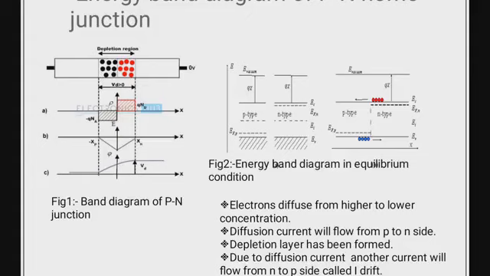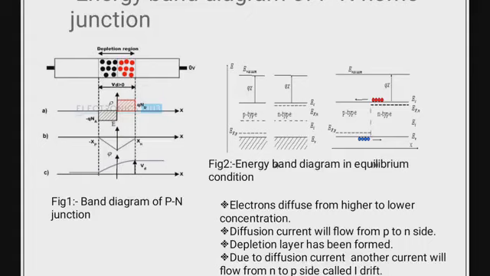And due to this phenomenon, what will happen? A current will form from p to n side, and this current is basically called diffusion current, or I diffusion. Now, what basically happens when electrons move from n to p region?